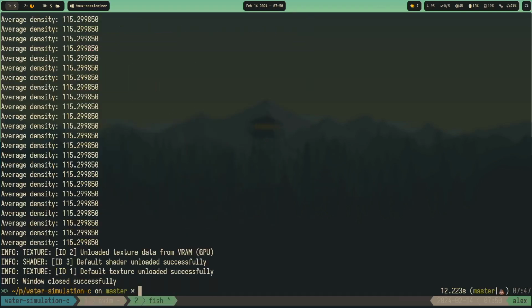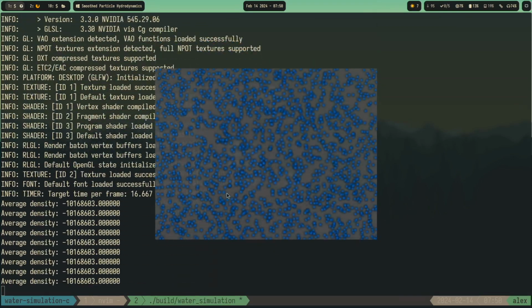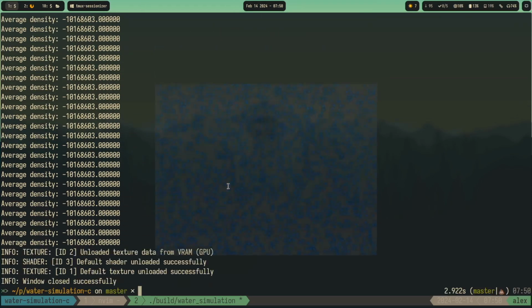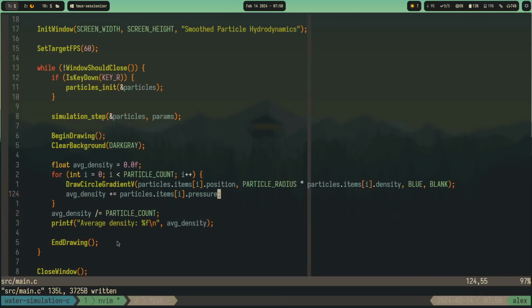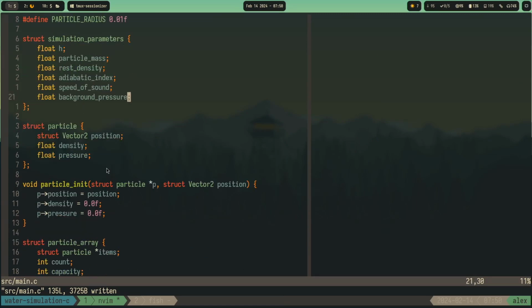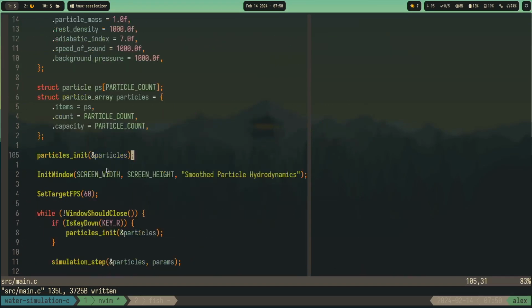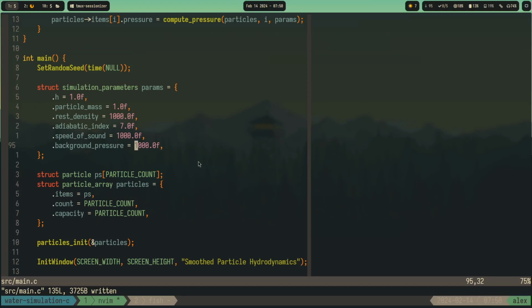Like, doesn't matter, it's called density or whatever, and it's negative. What a surprise. So let's use like a larger number. Let's do like this, but let's make everything 0.